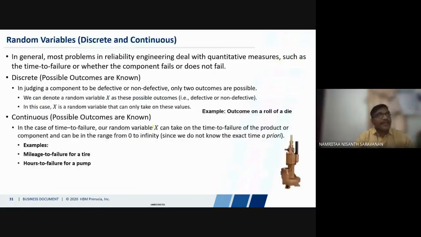So in reality, we see random variables. What do you mean by that? Variables and constants. Constant, in the sense, is a simple number. Variable means this keeps on varying. X, maybe in algebra we solve for X. Okay. So in variables there are two types: one is discrete variable and the other is continuous variable.